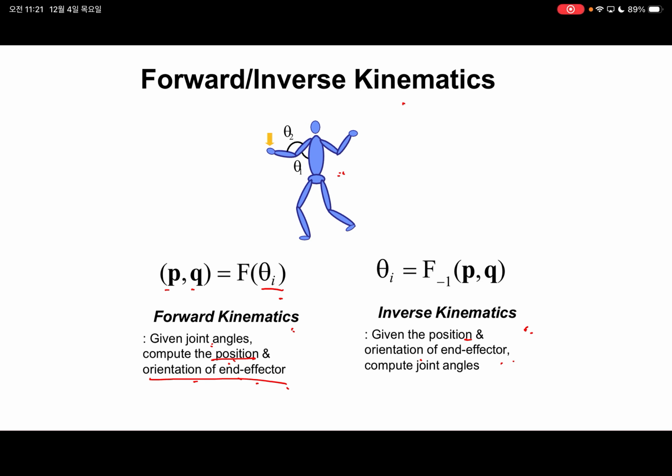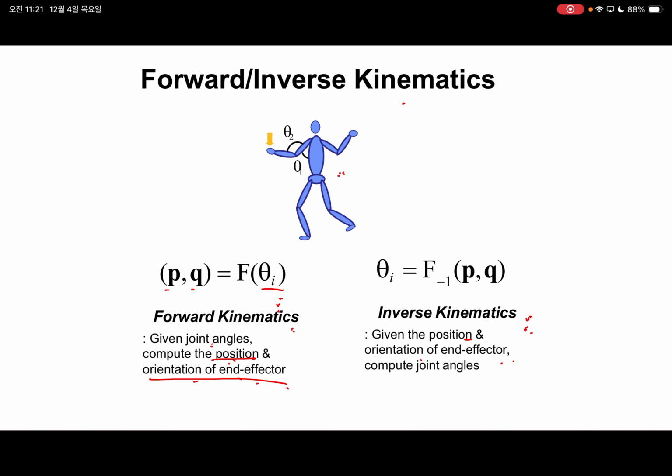Forward kinematics might not be easy to come up with a use case for, but for inverse kinematics, for example, if you tell the robot, grab this microphone, then the target position is this microphone, right? And there can be some combination of joint angles. For me, I can grab my bottle in this direction, or in this direction.